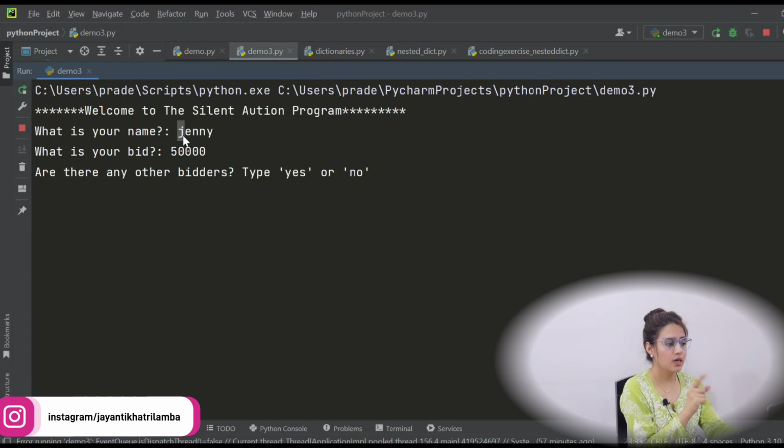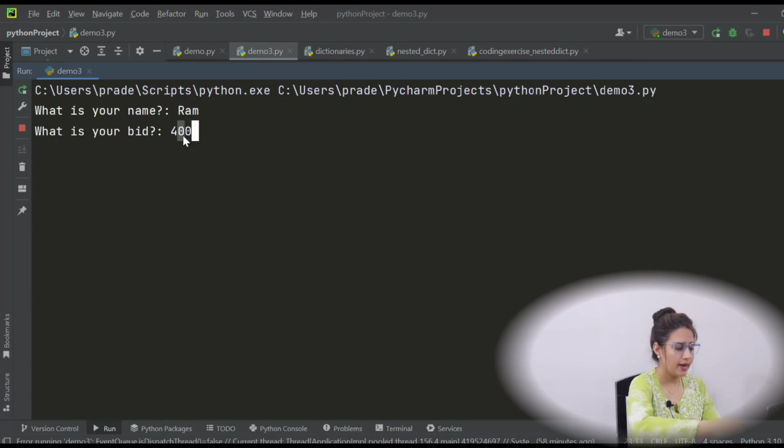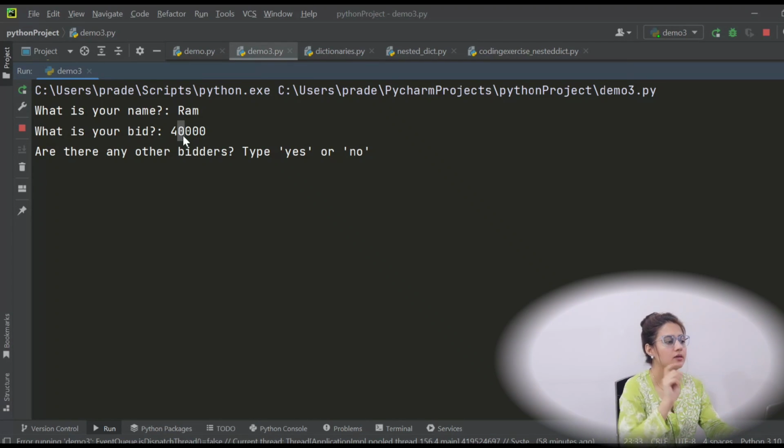Now it will ask, are there any other bidders? If there are more bidders, I type yes. Once you enter yes, the previous screen would be cleared. Now what is the next person's name? Ram. What is your bid? Suppose 40,000. Enter. Are there any other bidders?